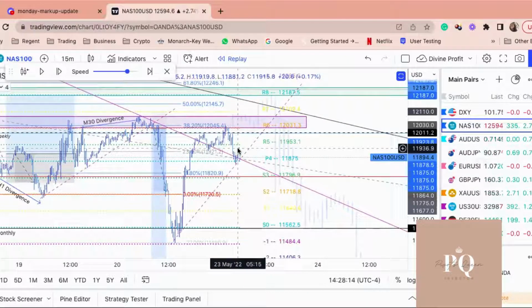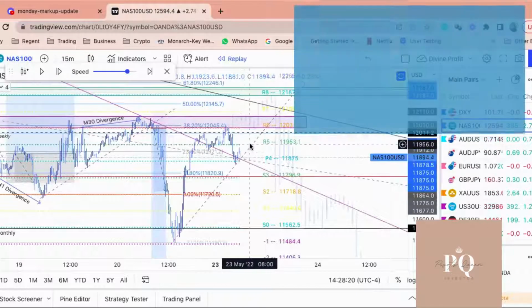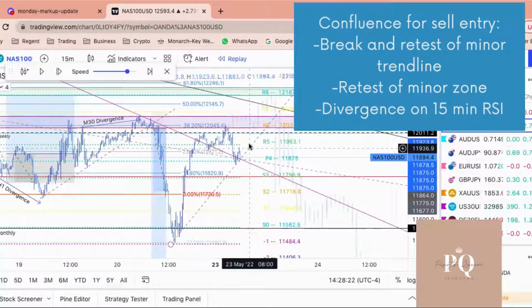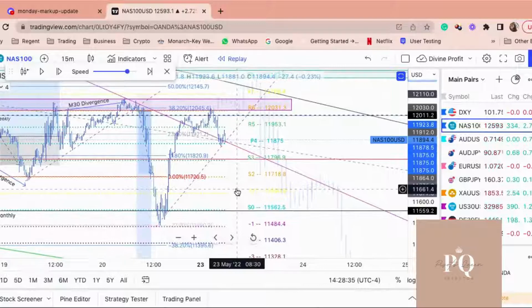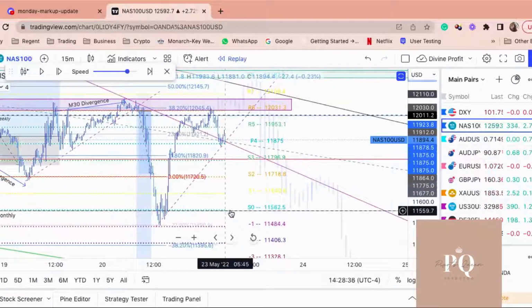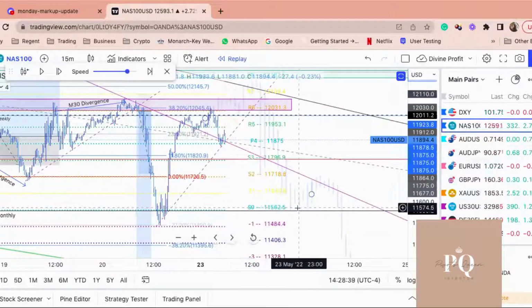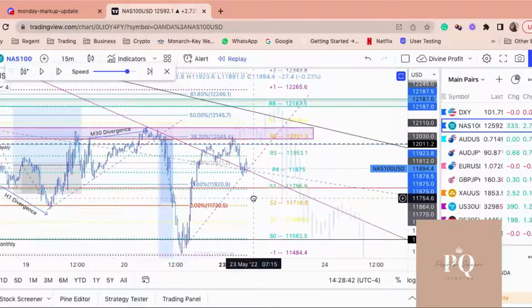Even though this is a little earlier than I would start looking, what I would be waiting for is a break and retest of this trend line, and maybe some divergence on the 15-minute for confirmation. And I would be looking for sells, really just down to this S0 or this monthly level. So now let's see how that plays out.